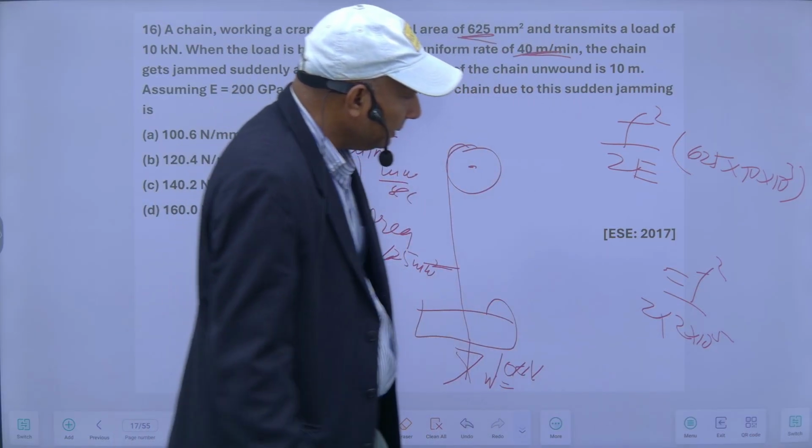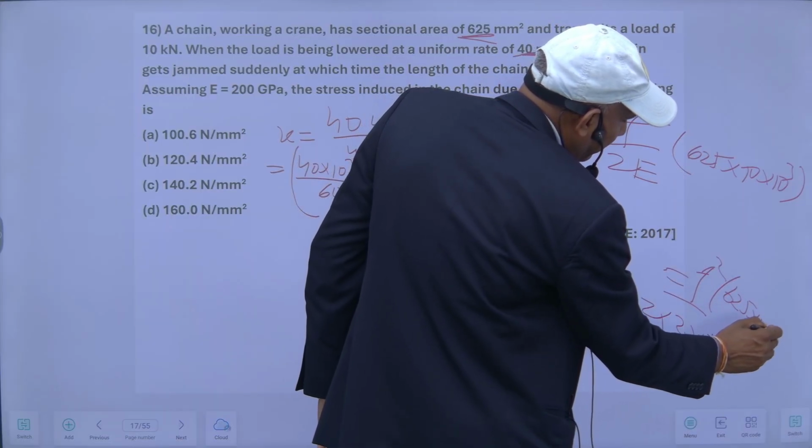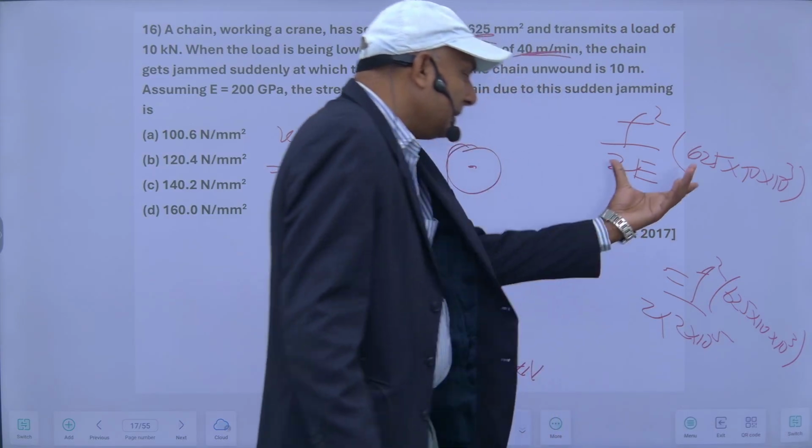You can convert it. This is the strain energy.